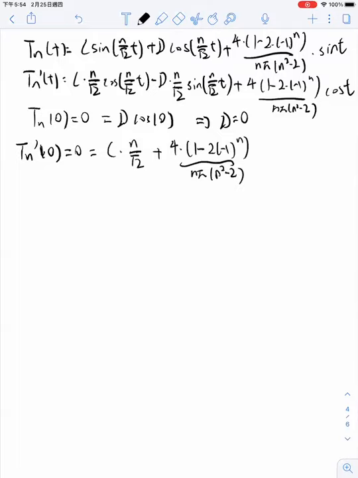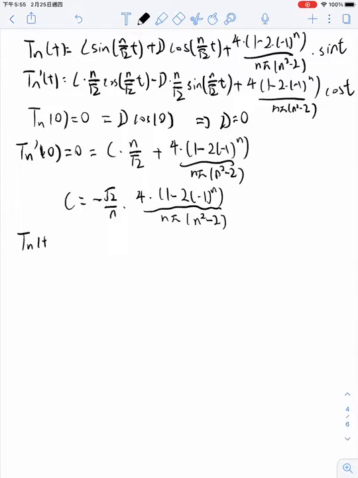Because this sum here is equal to 0, we can find the coefficient C here. So the temporal part, we get the form like this.